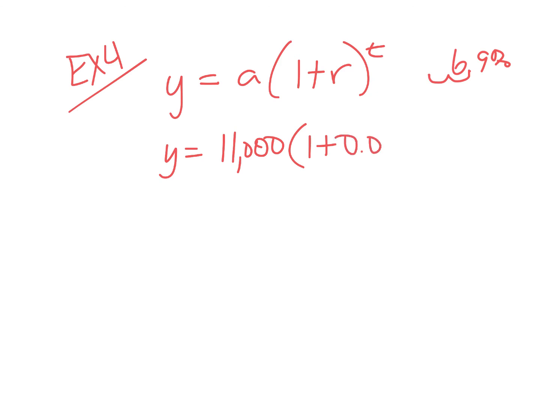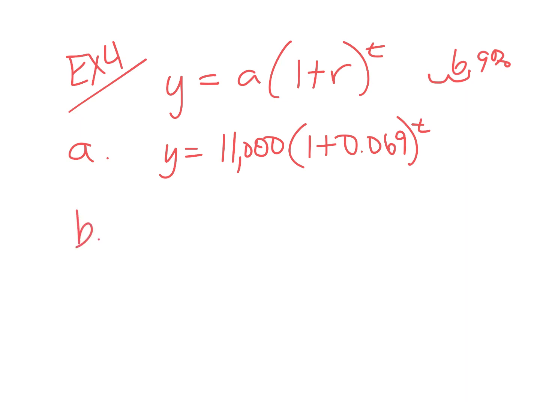So 0.069. And then how many years? Oh, this is part A, because it just said write the function. So just put t, because it hasn't told us how long we're checking this out yet.